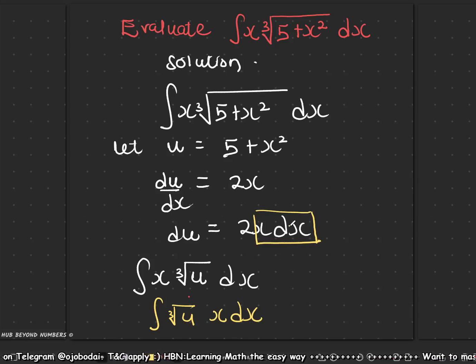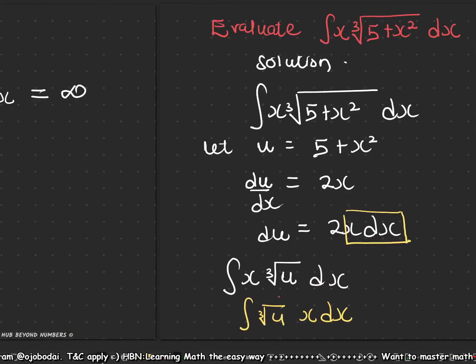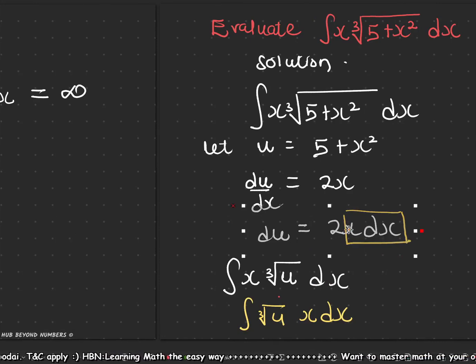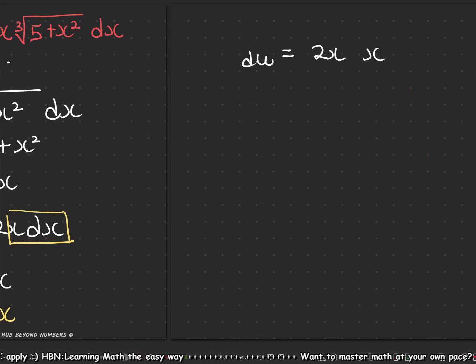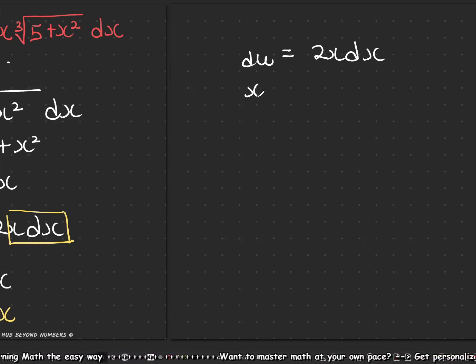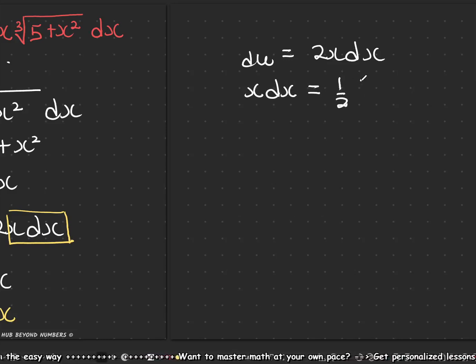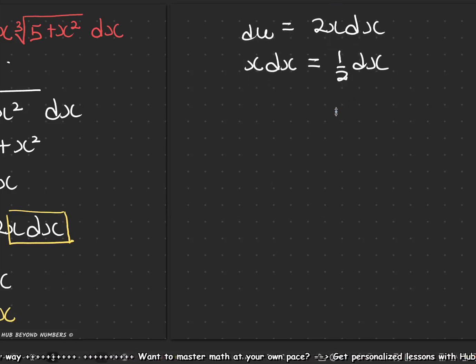So if you want to make that x dx the subject, it simply means x dx is going to be equal to 1 over 2 du, right? 1 over 2 du.